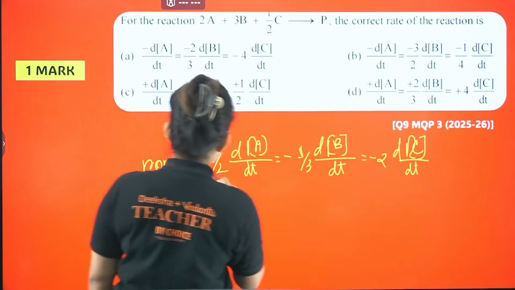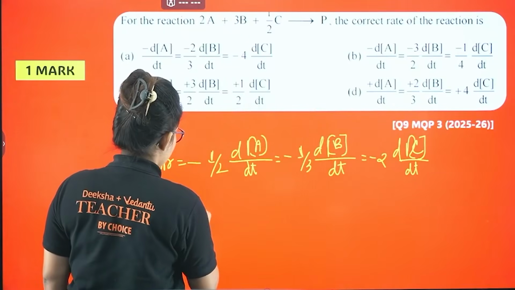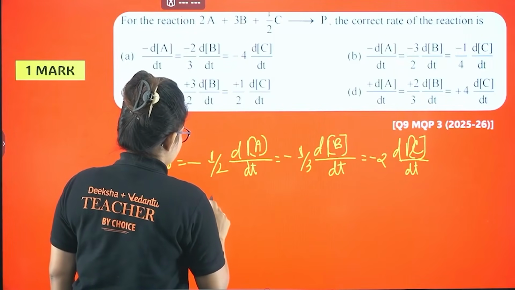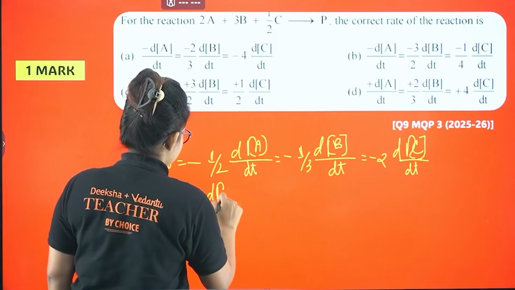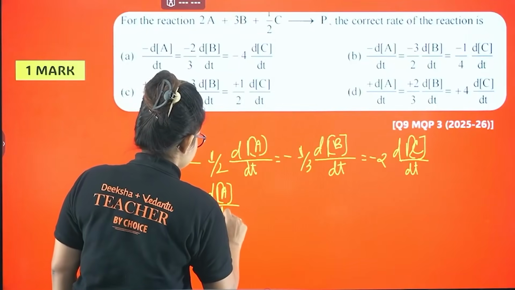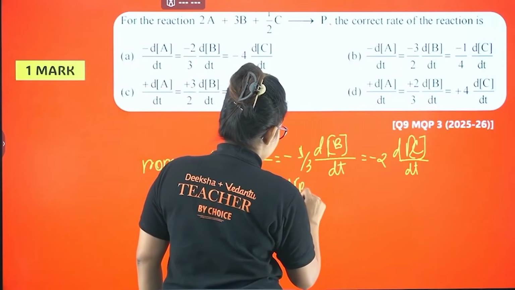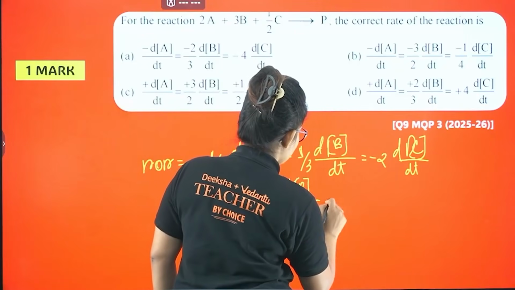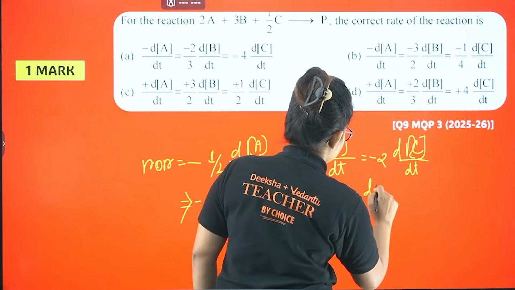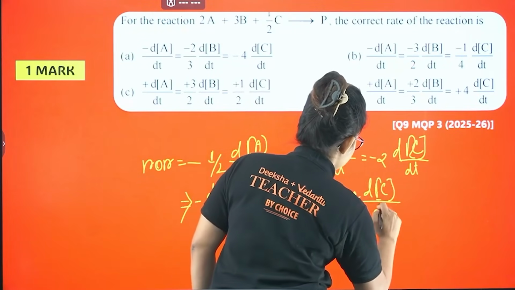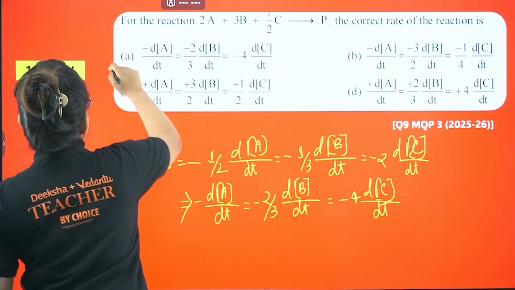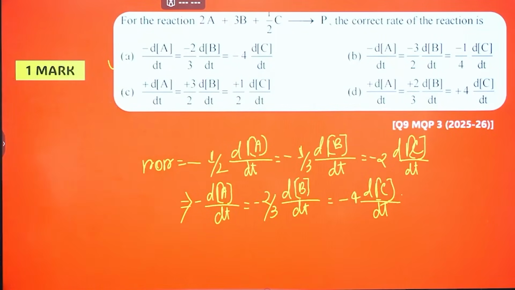If you just multiply these with everything, it will be something like minus dA by dt equals minus 2 by 3 dB by dt equals minus 4 dC by dt. So option A is going to be the correct one. I guess this is clear.